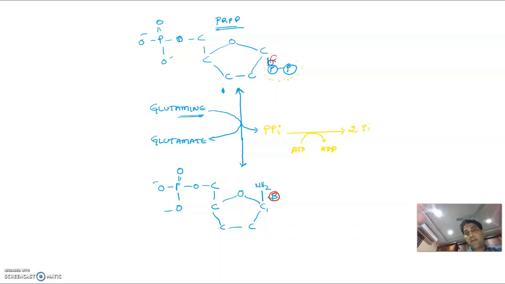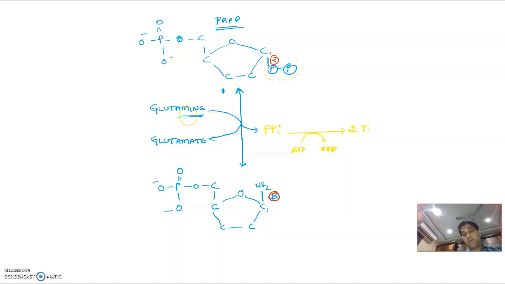Here it was in the alpha configuration. So the C1 configuration gets inverted during this step. An alpha pyrophosphate attached to C1 now has an amino group in a beta configuration on the same C1.